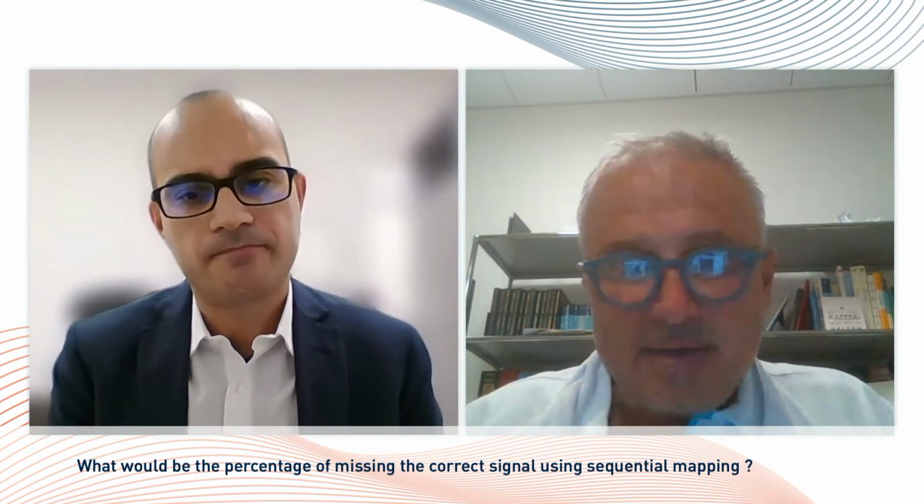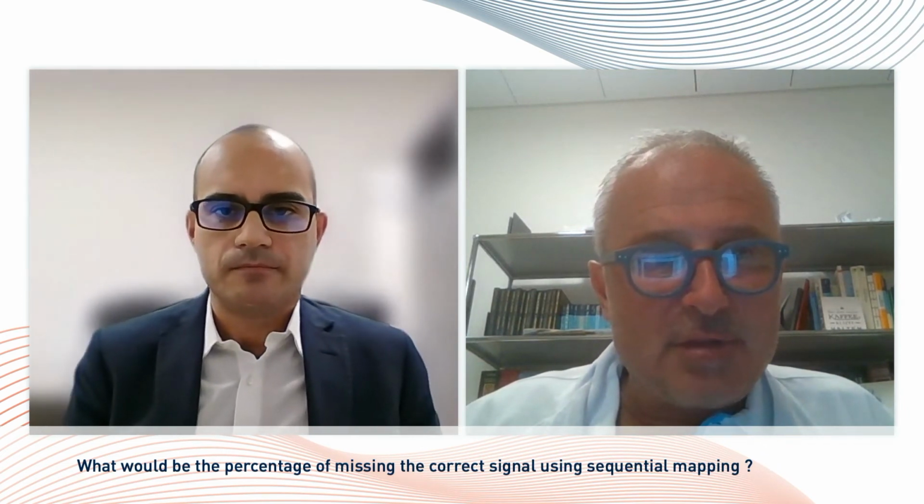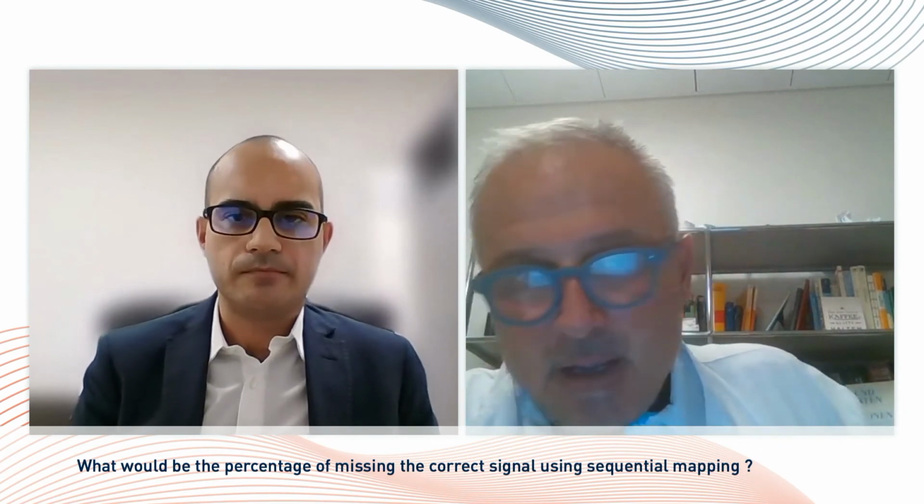We see that in patients with multifocal atrial tachycardia, sequential mapping can be very problematic. We see that in irregular arrhythmias, irregular VT, irregular atrial arrhythmias.